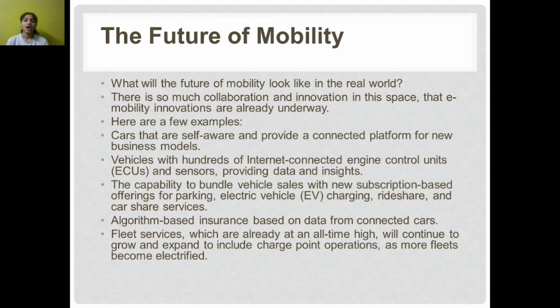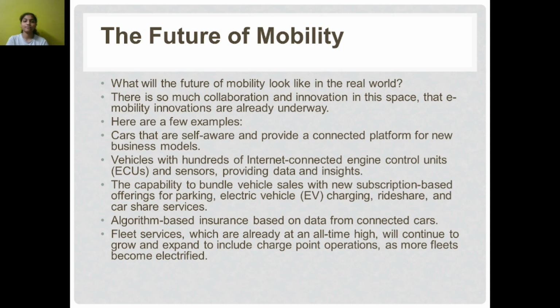Vehicles with hundreds of internet-connected engine control units (ECUs) and sensors providing data and insights. The capability to bundle vehicle sales with new subscription-based offerings for parking, electric vehicle charging, ride-share and car-share services.